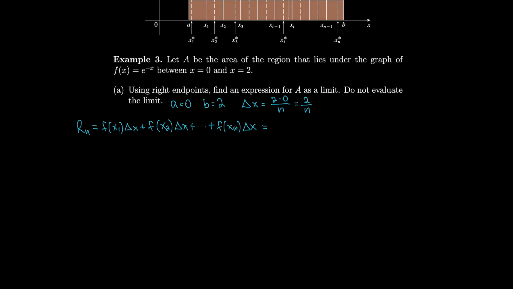So in this case, f is e to the minus x. So we get e to the minus x1 delta x plus e to the minus x2 delta x, and so on. Could have factored out these delta x's, but it's okay, we'll leave them in for now. Oops, that's supposed to be delta x.